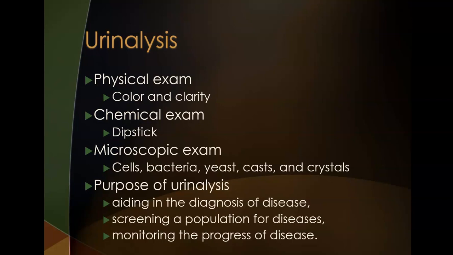And then you spin it down and you do a microscopic exam on the sediment. Look at the cells. Are there red cells, white cells, or maybe you find some trichomonas or something in there. Bacteria, yeast, casts, crystals, all of these things. And the epithelial cells and stuff like that too. Anyway, report all those out.